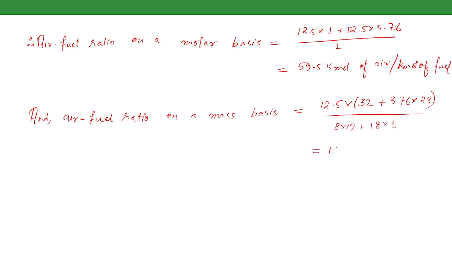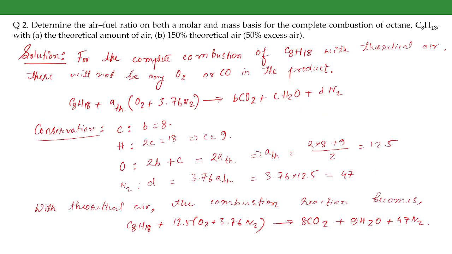So this is 15.05 kg air per kg of fuel. So we have determined the air fuel ratio on a mass and molar basis for the theoretical amount of air.